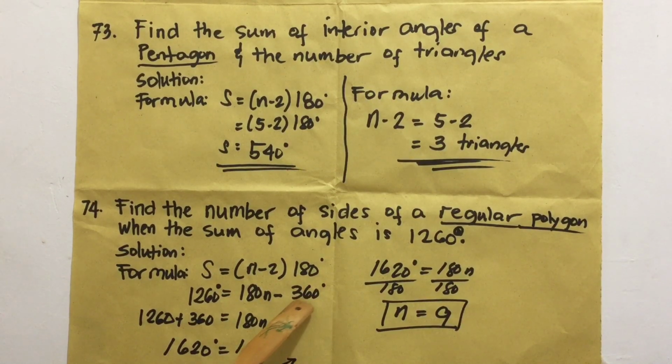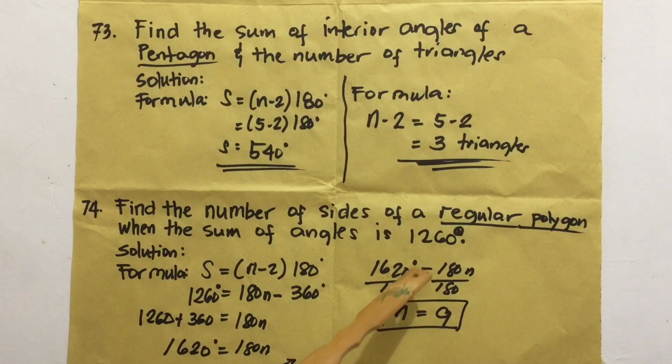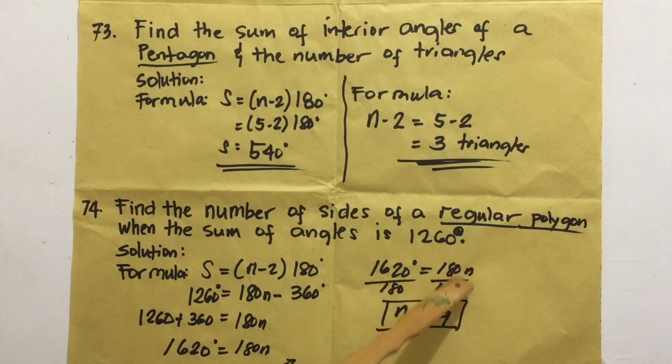Then transpose 360 degrees to the left side of the equation. We have now 1260 plus 360 equals 180n. Combine: 1260 plus 360 equals 1620 degrees equals 180n. And 1620 degrees divided by 180 degrees on both sides, because our purpose is to eliminate the numerical coefficient of n.